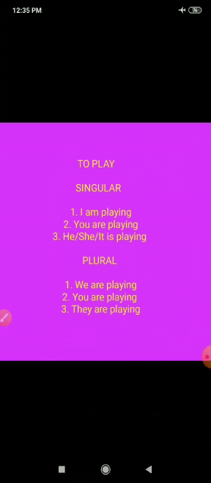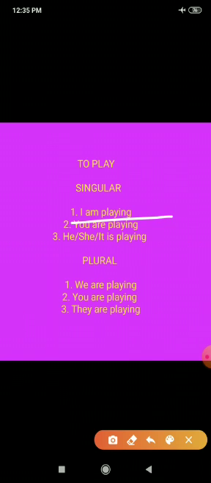It is used to express an action going on in the present at the time of speaking. I am playing right now at the time of speaking. You are playing, he is playing, she is playing, it is playing. It can refer to music. The music is playing.